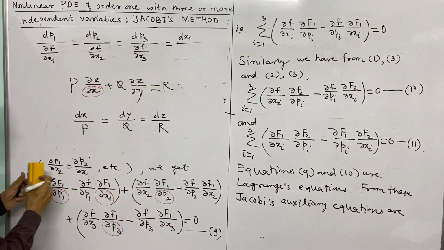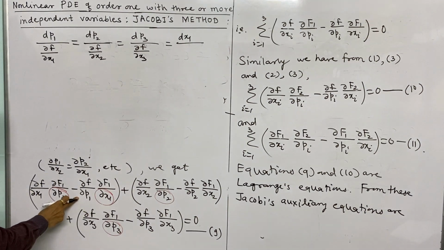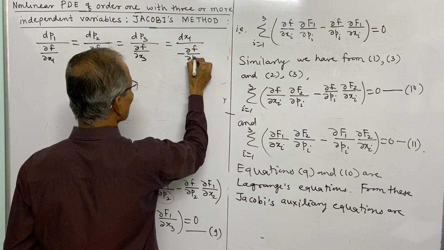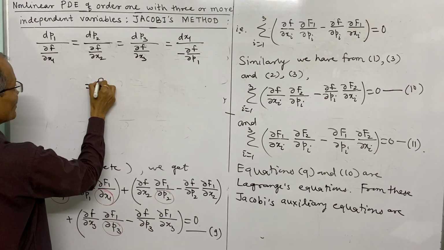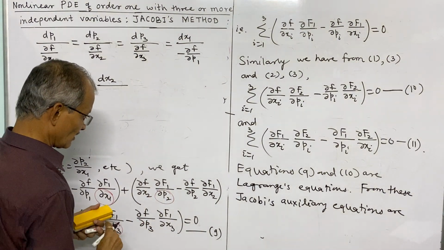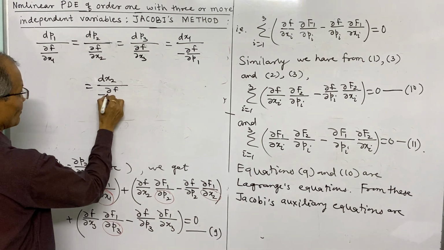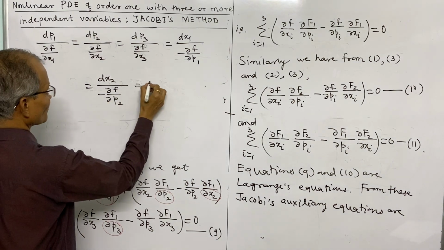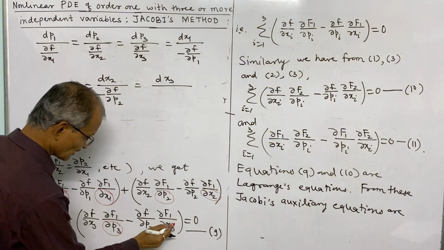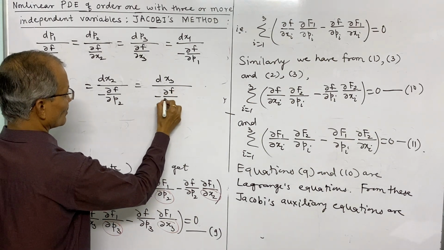Likewise we are writing this. So dx1 divided by negative of dou f by dou P1 and is equal to dx2 divided by, next term to this, negative dou f by dou P2 and is equal to now dx3, last one dx3, and that is negative dou f by dou P3.